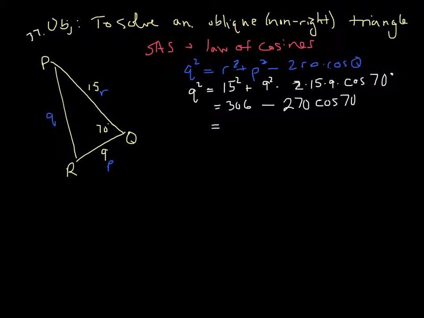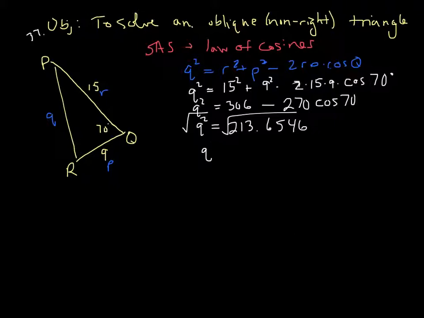I'm going to go ahead and type it all in the calculator. And I'm going to get 213.6546. I'm going to leave 4 decimal places. So I now know q squared is equal to about 213 with some decimals. And I need to solve for q, so I'm going to take the square root of both sides. Q, not squared.